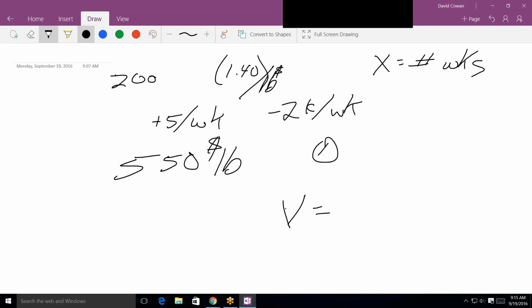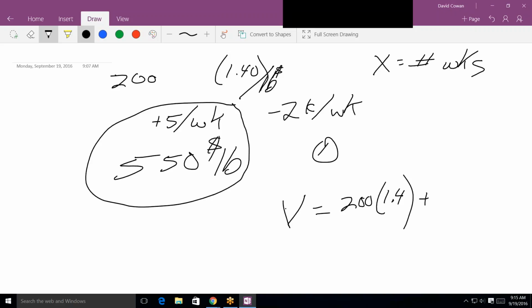200 times $1.40. Correct. Plus what? We're going to have a plus something and we're going to have a minus something, because the value of the pig is going up as x increases by how much? Is it plus, do we need an x in here somewhere?